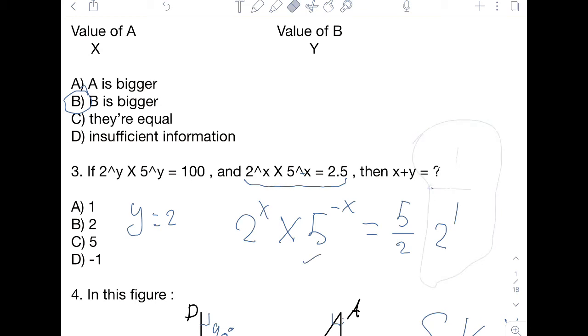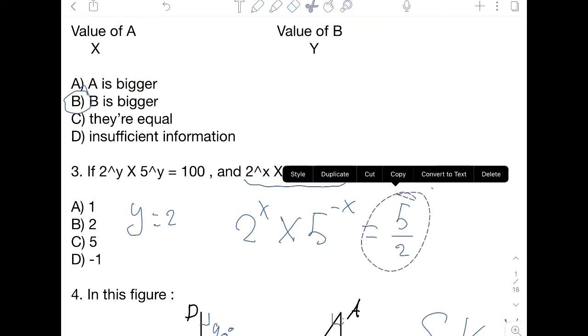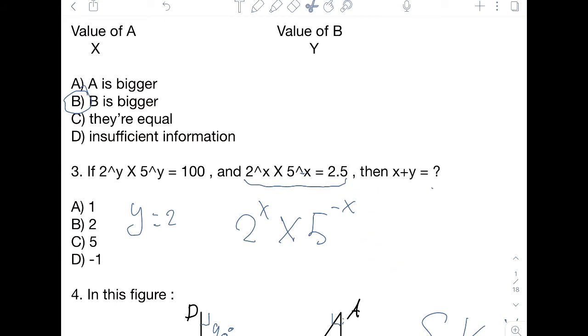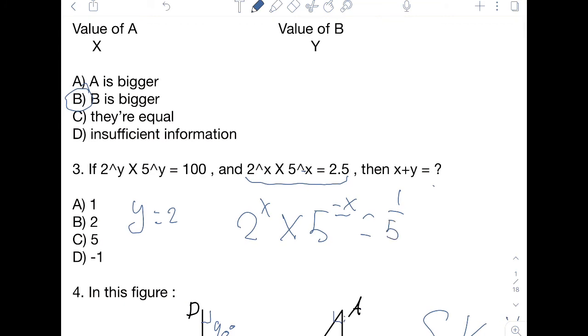So what we're going to do here is make this into not a negative number. And by the way, this is equivalent to 1 over 5 to the power of x. We're not changing the equation by putting a number above it. It's the same thing. It's literally this equals this. It's the same concept.